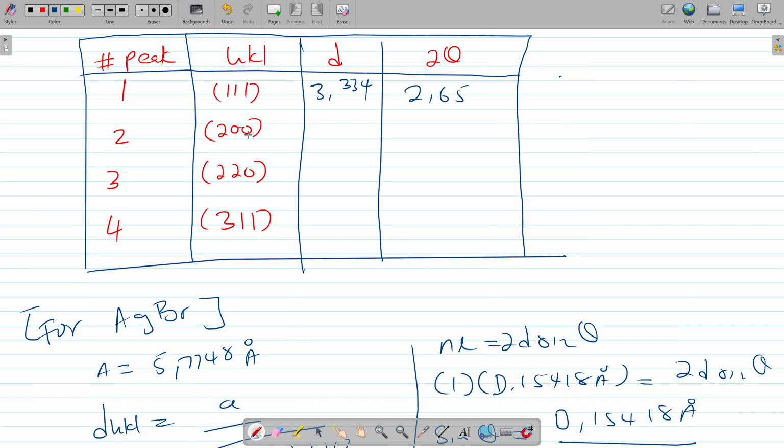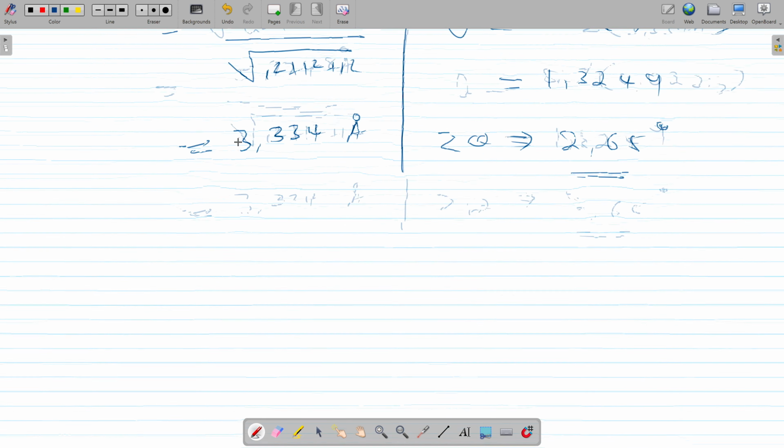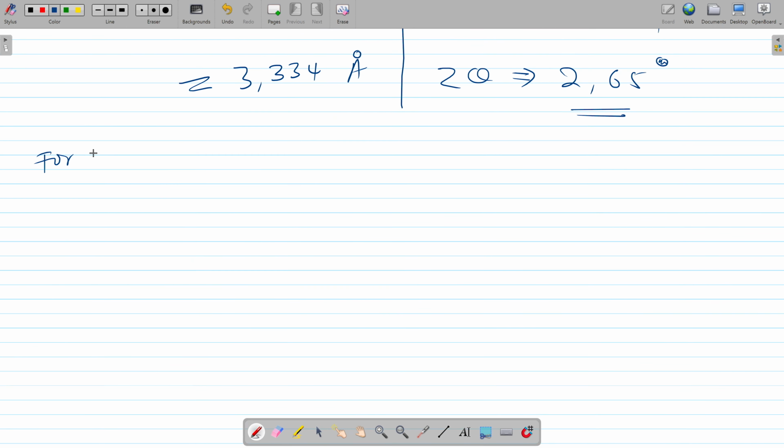So we're going to look for the second peak, right? So we're gonna say for the second peak, which is 200, we are going to say that the d_hkl is going to be a divided by the square root of h squared plus k squared plus l squared, like this, right?